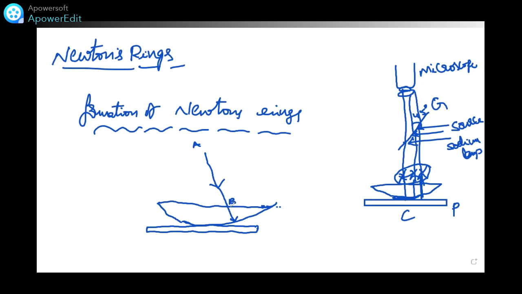Some part is reflected and some part is transmitted through the air film.